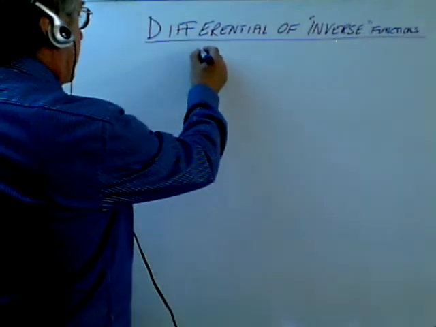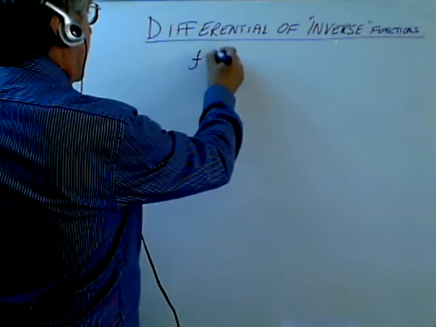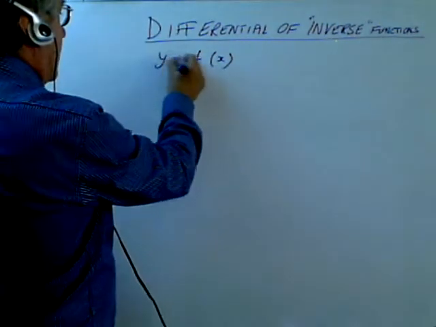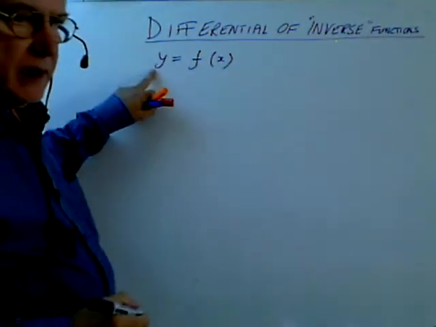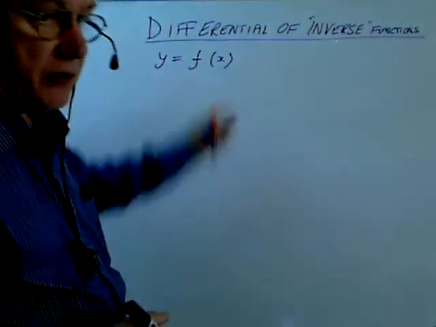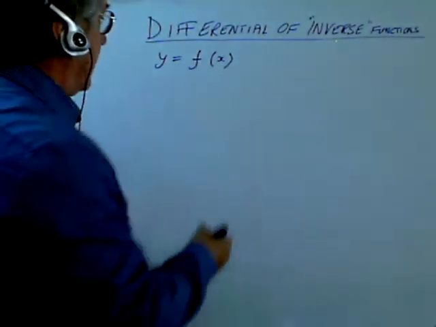Well, if I've got a function of x, call it f of x, and y would be the y coordinate if I plotted this against the x coordinate. So it's a single variable function.